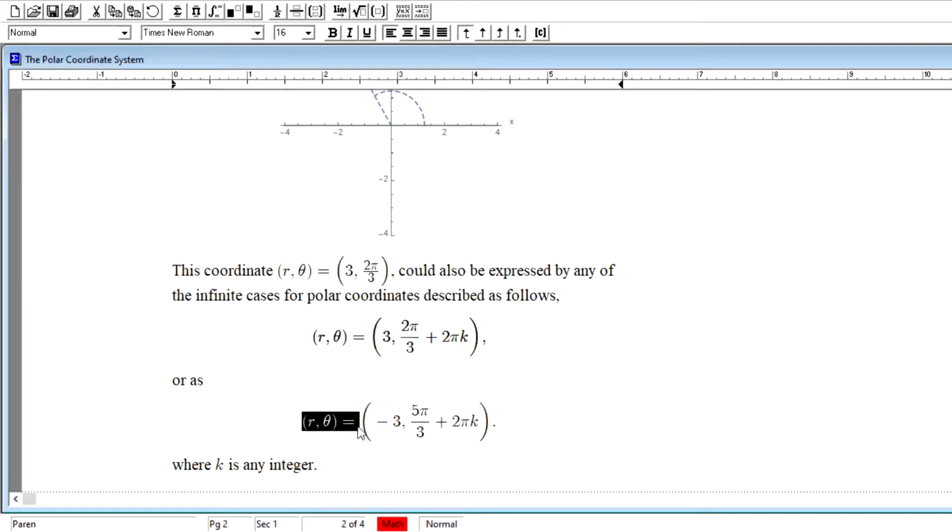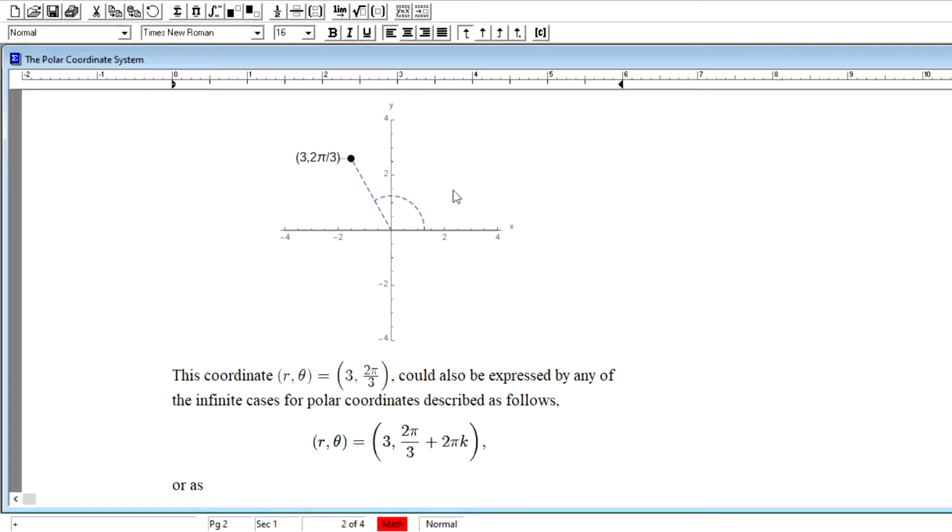Or the second description considers the case where r is negative 3, where we're at a radial arm measurement of 5 pi over 3, and considering the different number of revolutions we could be making around the origin to come to this location.